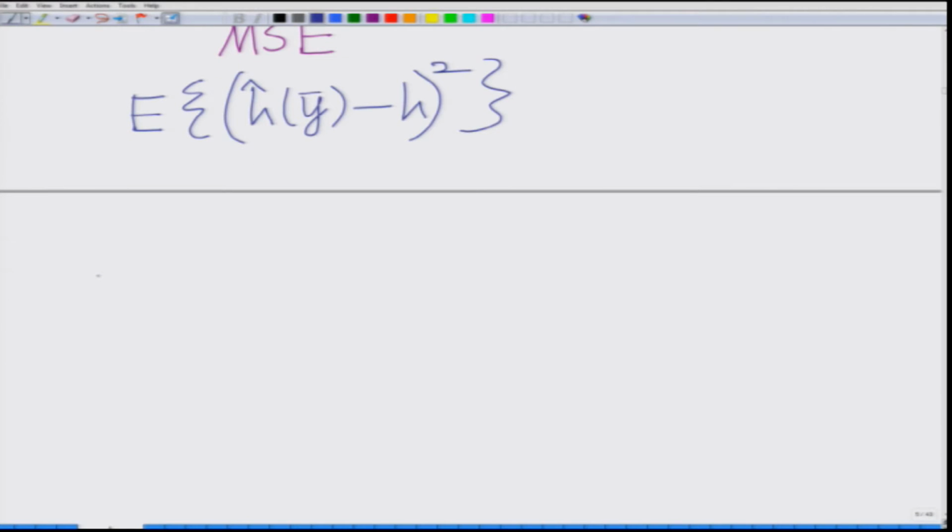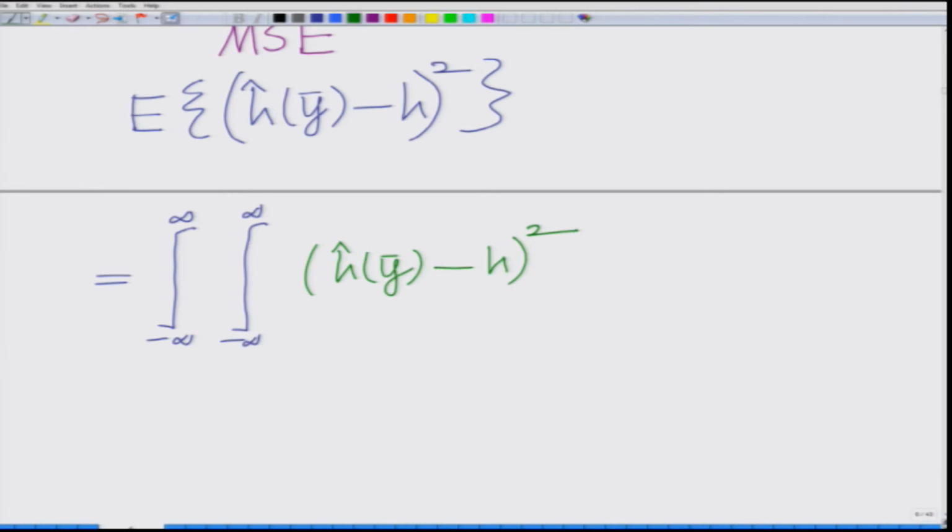Given the joint probability density function, I am going to integrate the squared error, h hat of y bar minus h whole square.